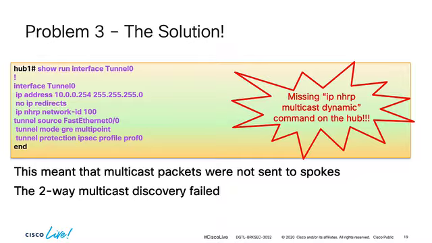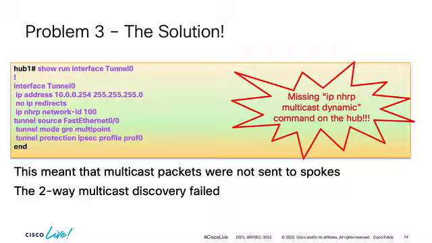So when the ip nhrp multicast dynamic command is missing on the hub, the EIGRP multicast packets were not being sent to the spoke. So the two-way multicast discovery, which needs to happen before the EIGRP neighbors are formed, actually failed.